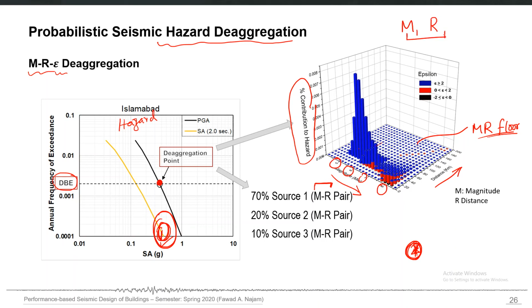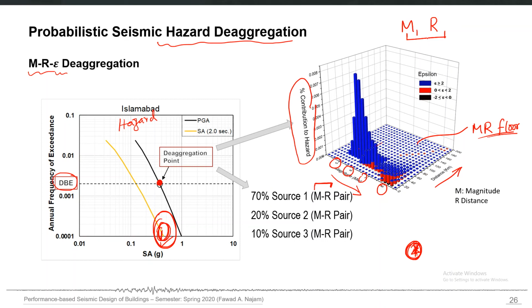So if you know the most contributing magnitude and distance pair, you can identify the most contributing fault line or a particular area source, and that information can be used in many ways. For example, when you have to select past earthquake records for the purpose of dynamic analysis of your buildings, you can focus more on the most contributing fault and its faulting mechanism to select the most representative future earthquake for your site, for the purpose of dynamic analysis of a new building, or performance assessment of an existing building.